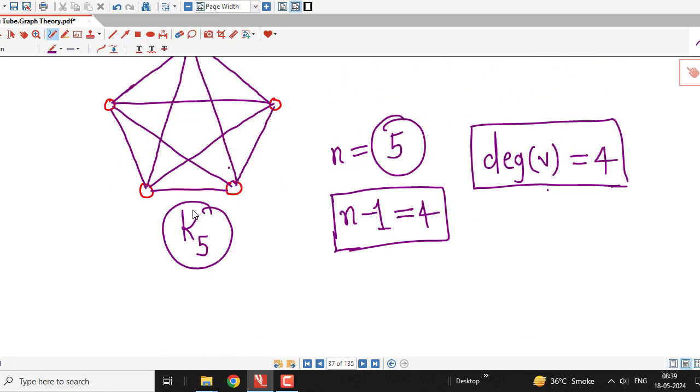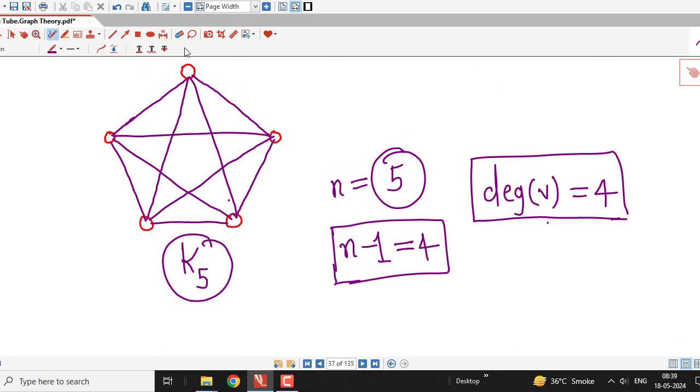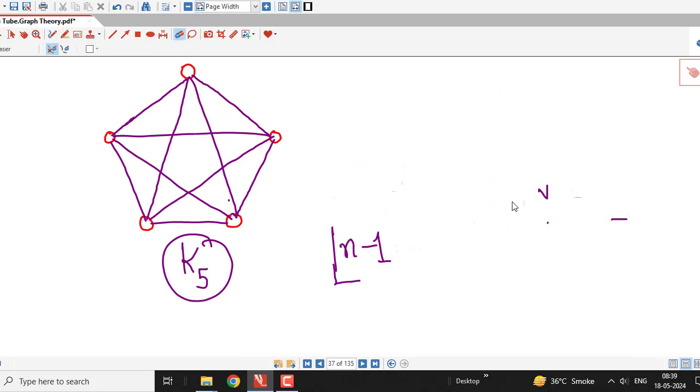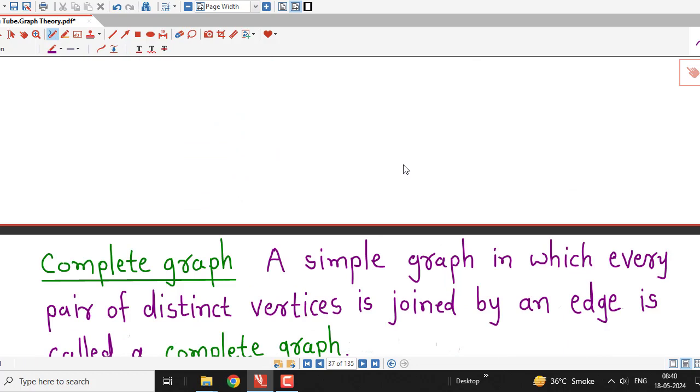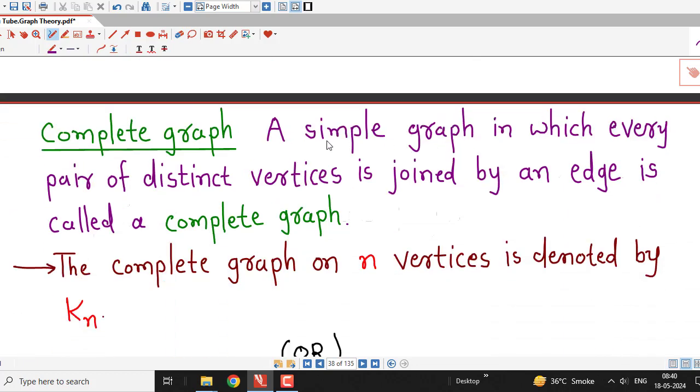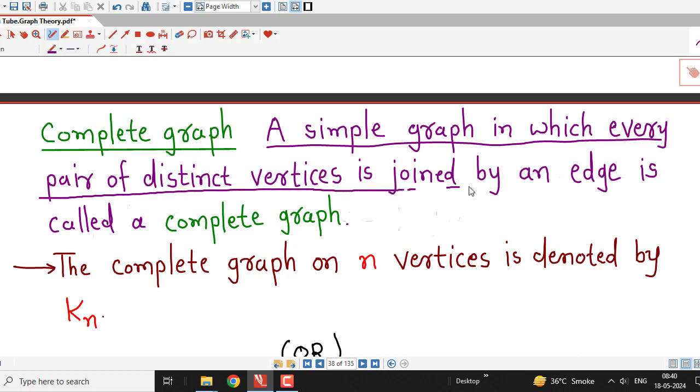Similarly, we can draw a complete graph on 6 vertices also. This is very easy to understand. A complete graph is a simple graph in which every pair of distinct vertices is joined by an edge. They can ask you to write down the definition. A simple graph in which every pair of distinct vertices is joined by an edge is called a complete graph.